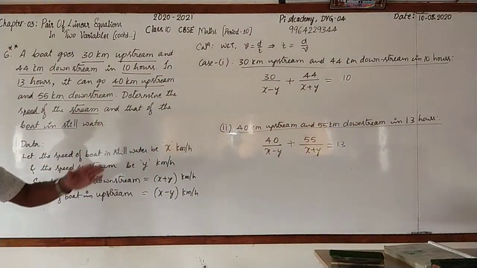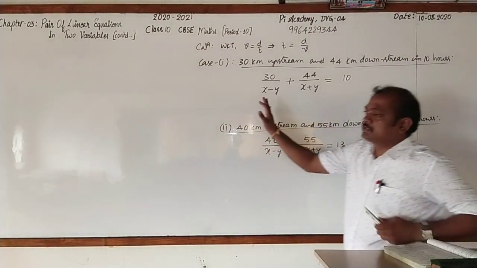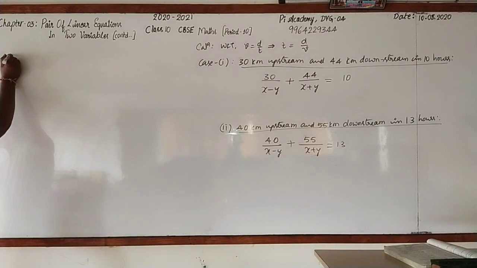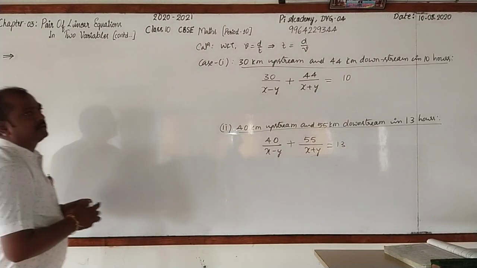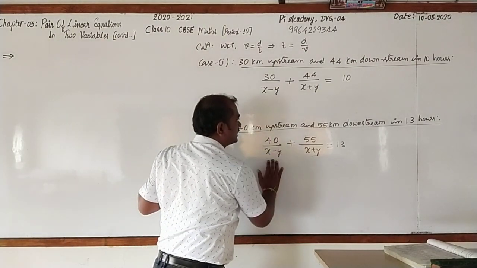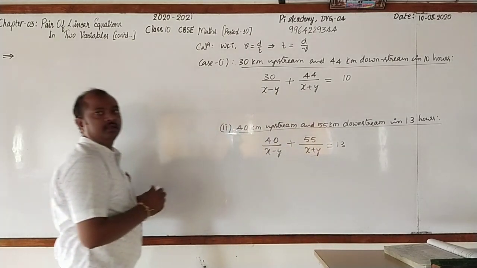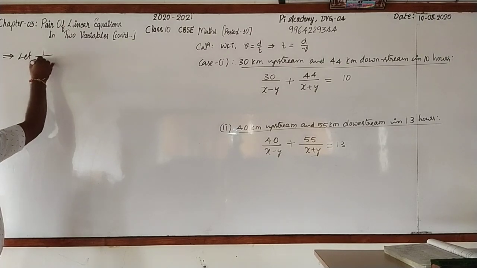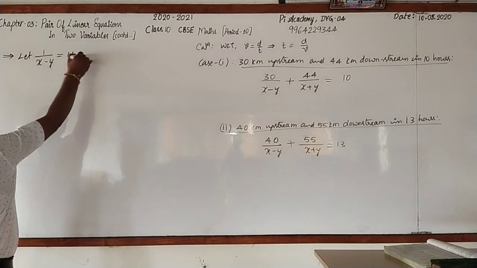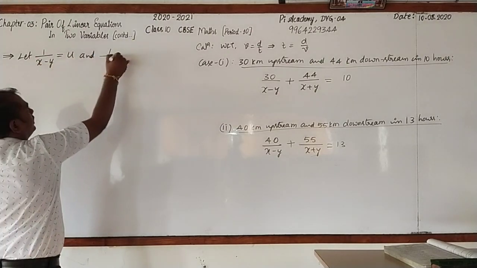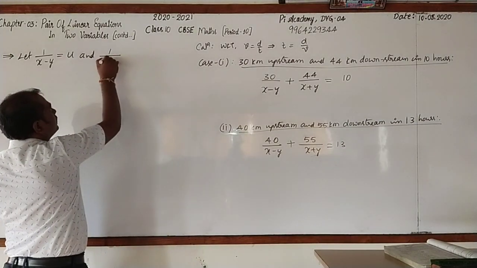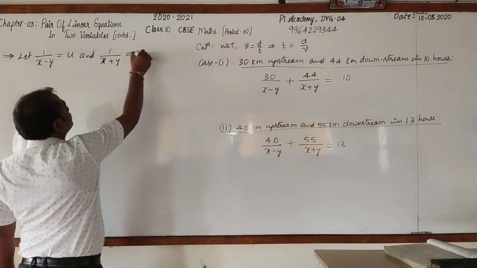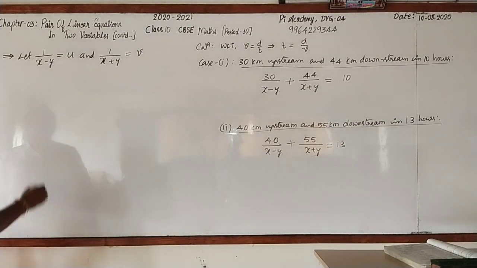Yes, first you copy this. Yes, let's go for solving this. Then what should be our assumption? See that here x minus y, x minus y, x plus y, x plus y. Hence, we can take, let 1 by x minus y is equal to u and 1 by x plus y is equal to v. Then how do you write the first one?